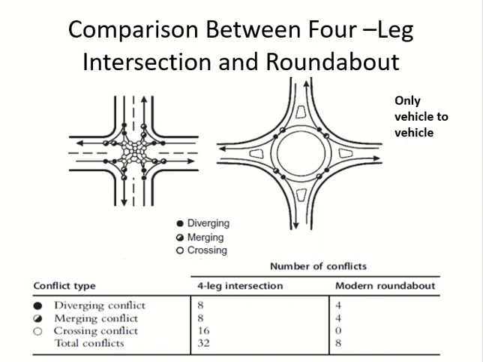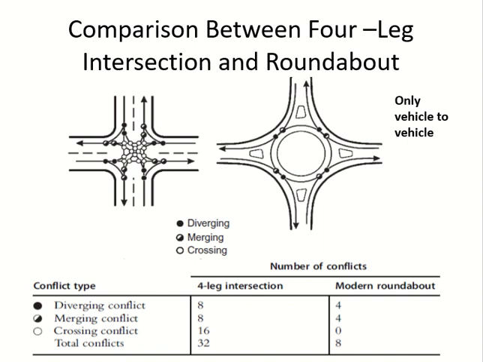Okay, and even the merging and diverging is only happening where? In the roundabout. You merge in the roundabout, you diverge from the roundabout. So there are only 2 points at every entrance where this can happen, merge and diverge. Okay, so even the merge and diverge will become less. Okay, clear?